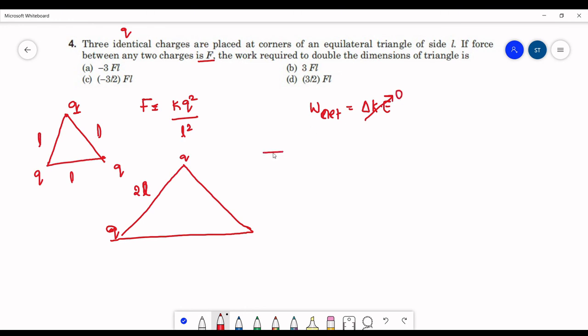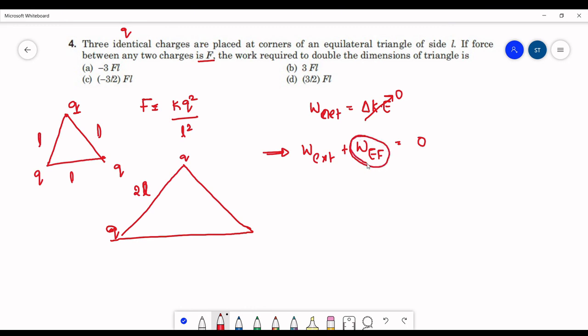Coming to the net work done, external agent will be doing work to move the charges, as well as there will be electrical interactions between the charges. So we can say that work done by the external agent plus work done by the electrical field or electrical interactions will be equal to 0. Electrical force is a conservative force.